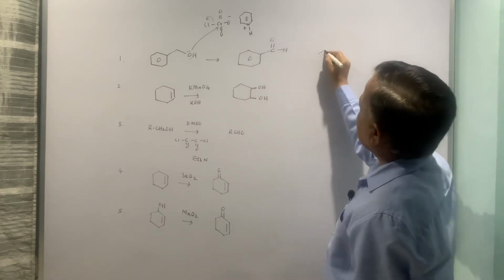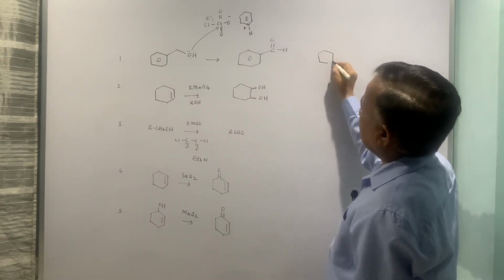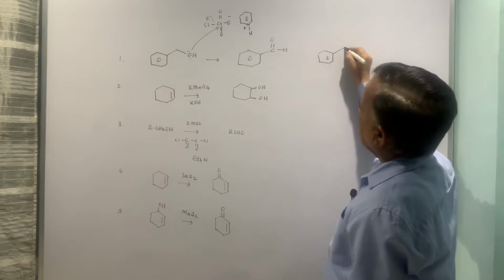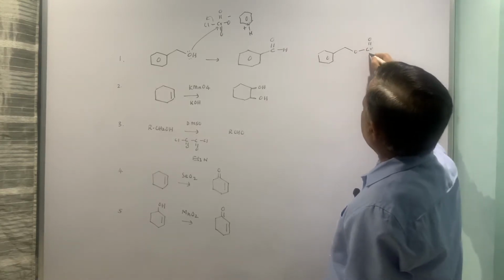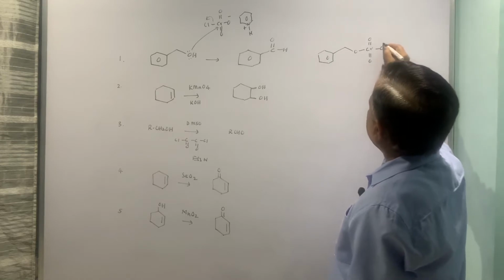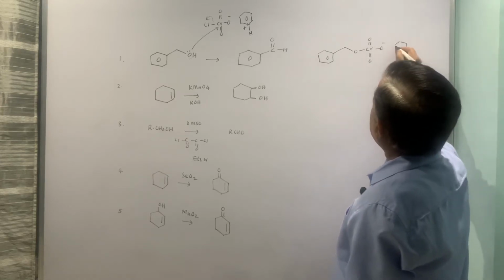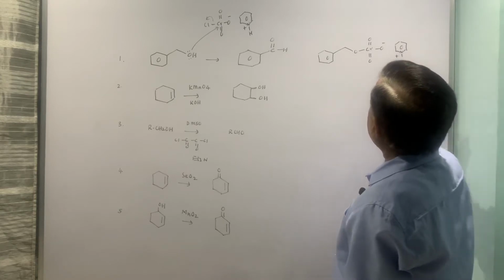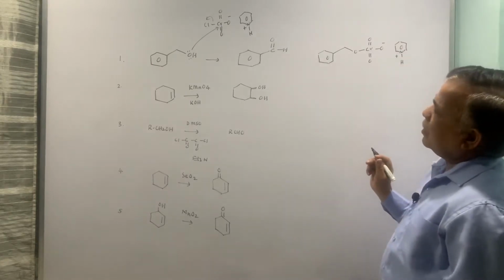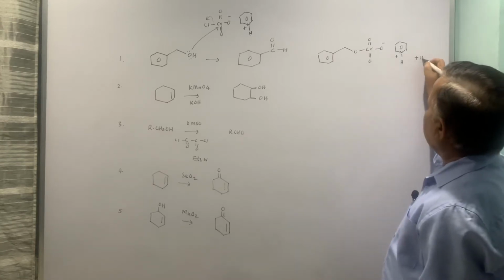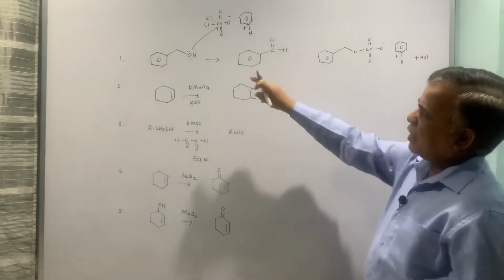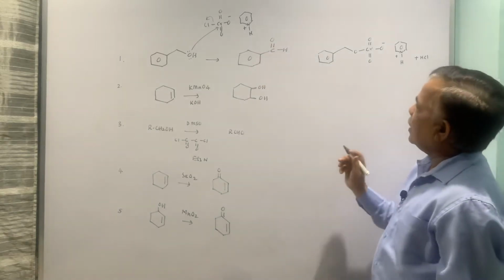So what happens is CH2, like this is CO minus, and then you will be having NH plus. Cl minus is out. Now that will be out as HCl, because this H and Cl, they form HCl.